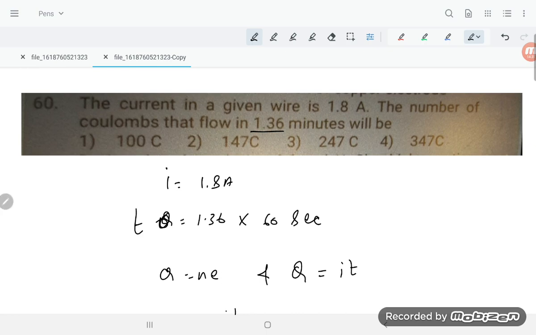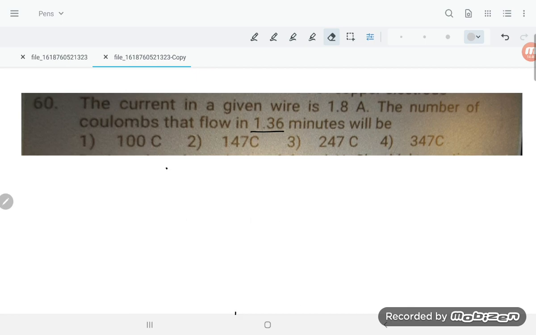Or we can directly calculate this problem, we don't need to go that far. Number of coulombs means number of charge. Q is equal to IT. So how much is Q, students?